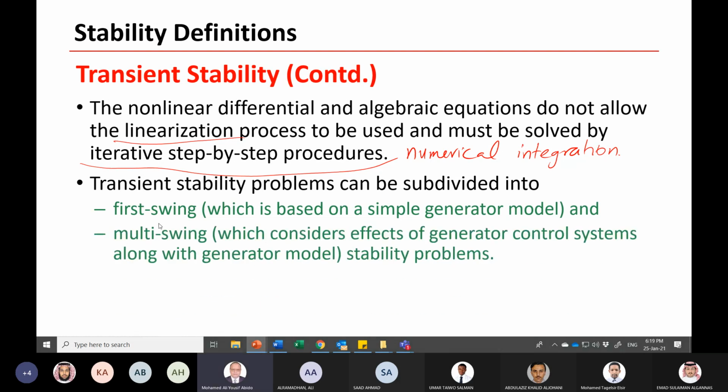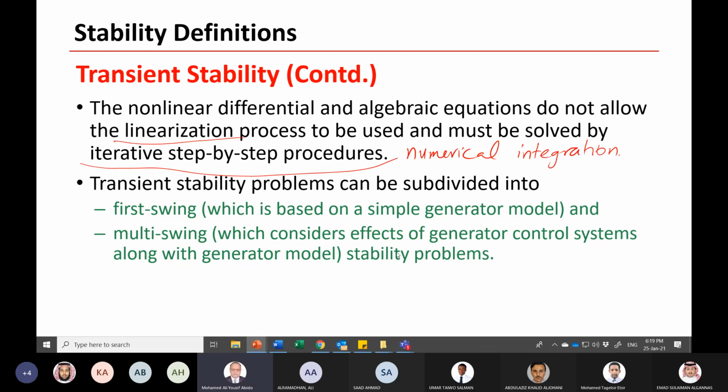In multi-swing, some controllers can take action. You can have generator control systems, governors, power system stabilizer, exciter, what we call the regulator. All these will help.